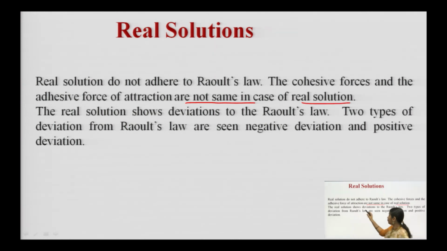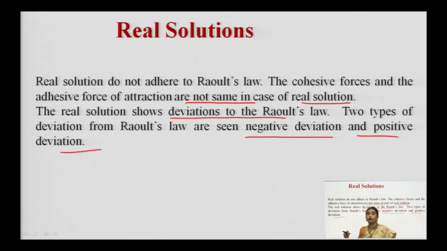So, two types of deviations are seen: negative deviation and positive deviation from Raoult's law.